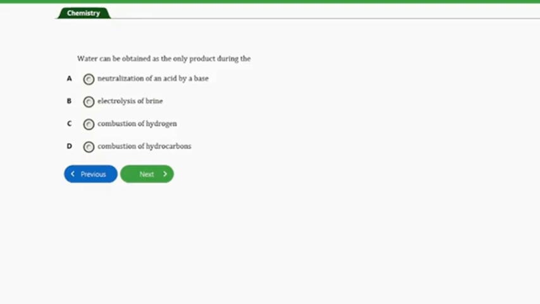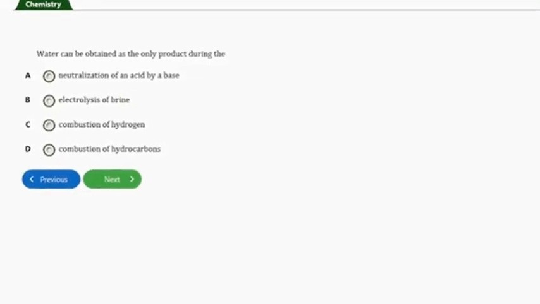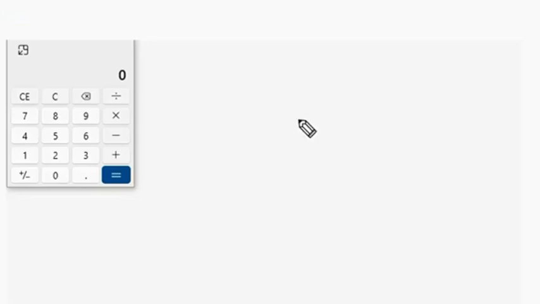So what really happens during the combustion of hydrogen? That's hydrogen burning in oxygen. So let's go ahead and write an equation of this reaction.